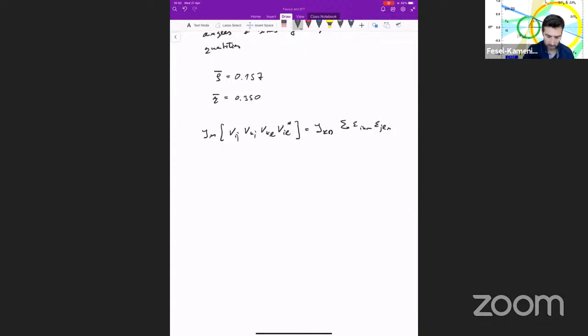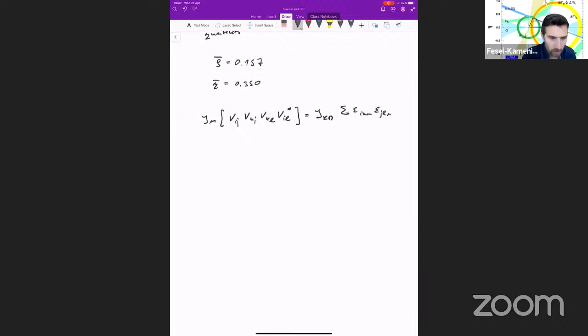So when we sum over M and N, choosing any combination of I, J, K, and L, we obtain the same quantity because this is a representation invariant quantity, provided, of course, that I, J, K, and L are such that the sum on the right-hand side does not vanish.